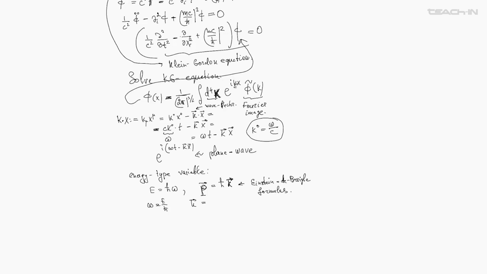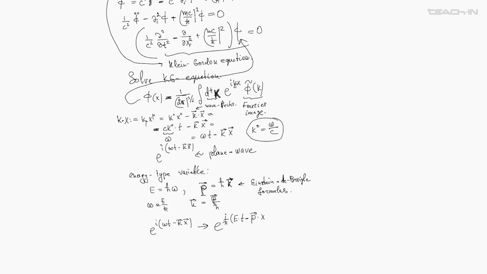So when replacing omega t and kx by these new variables, this exponential i omega t minus kx goes into exponential i over h bar, energy multiplied by time minus p multiplied by x. It is also a plane wave, but now written using energy type variables.